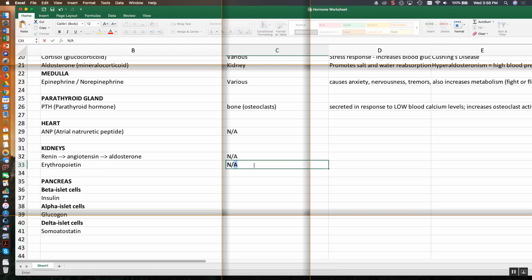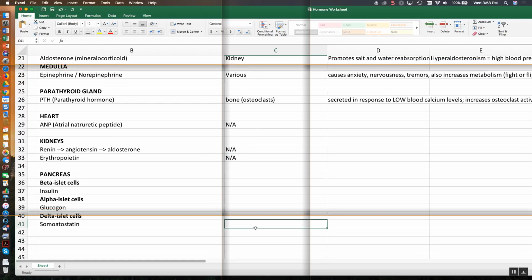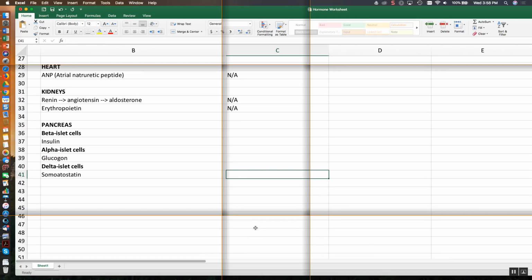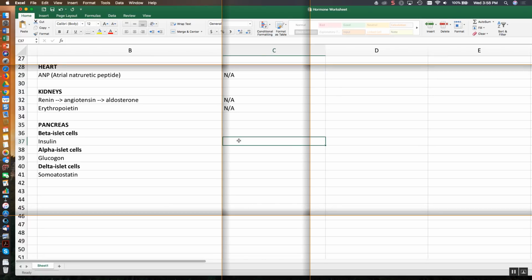All right, but we did cover the pancreas. This is the last thing. What's the target cells for insulin? Various tissue. What does it do?